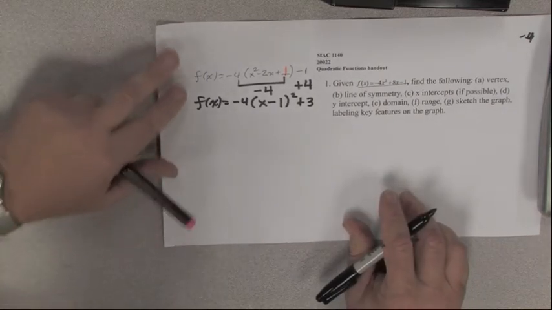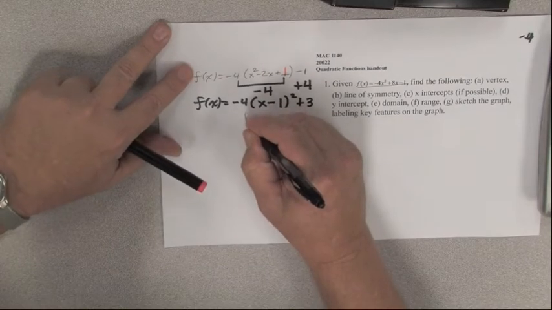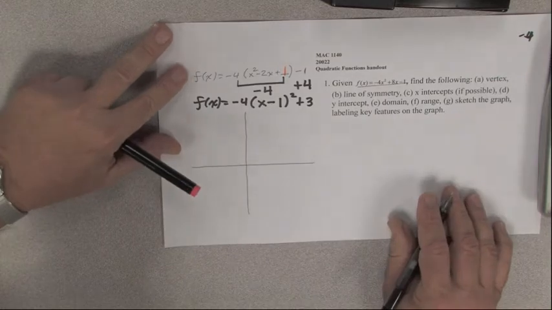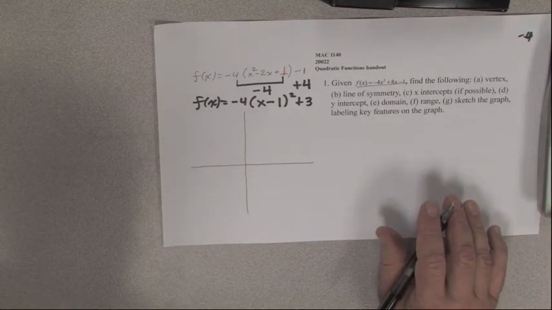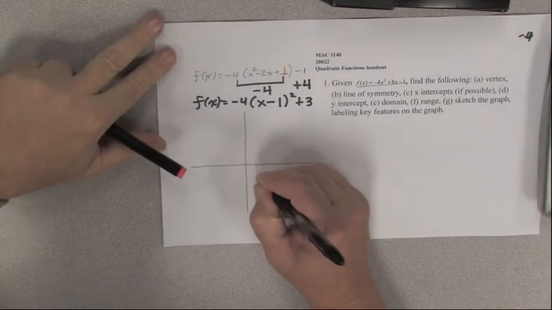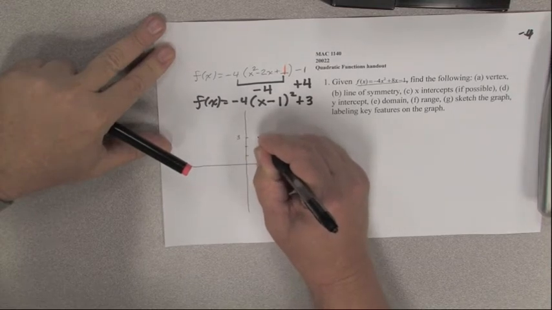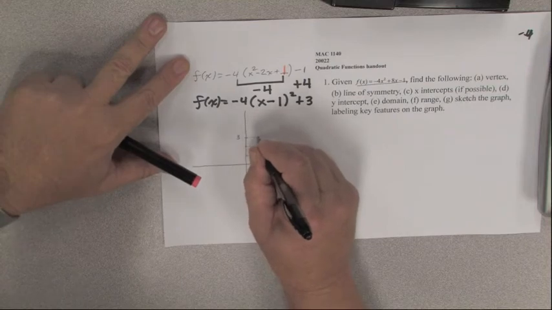So now to sketch this, we'll draw a rough sketch here on the right side. First of all, we'll locate the vertex. The vertex is located at 1 and positive 3. Now this parabola opens which way? Down.